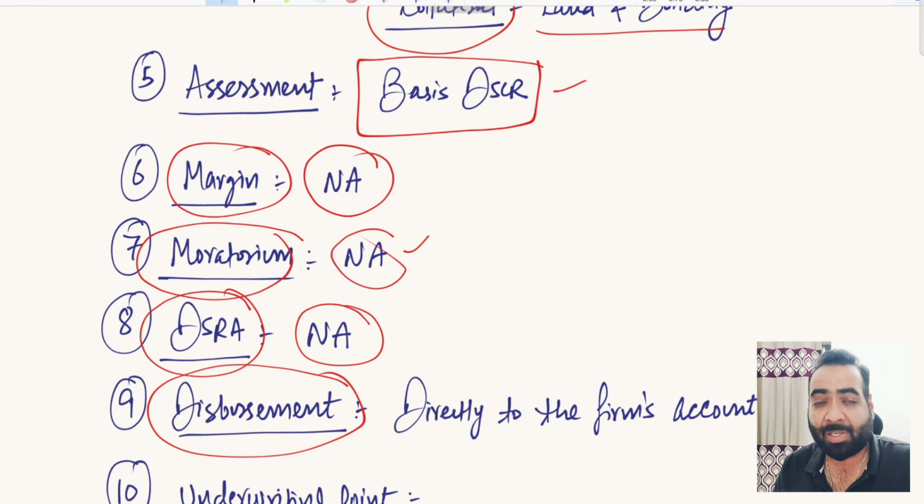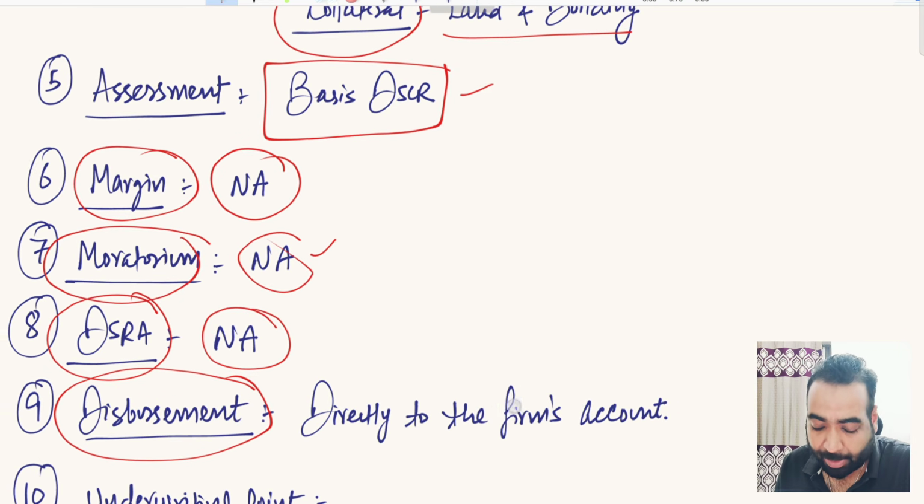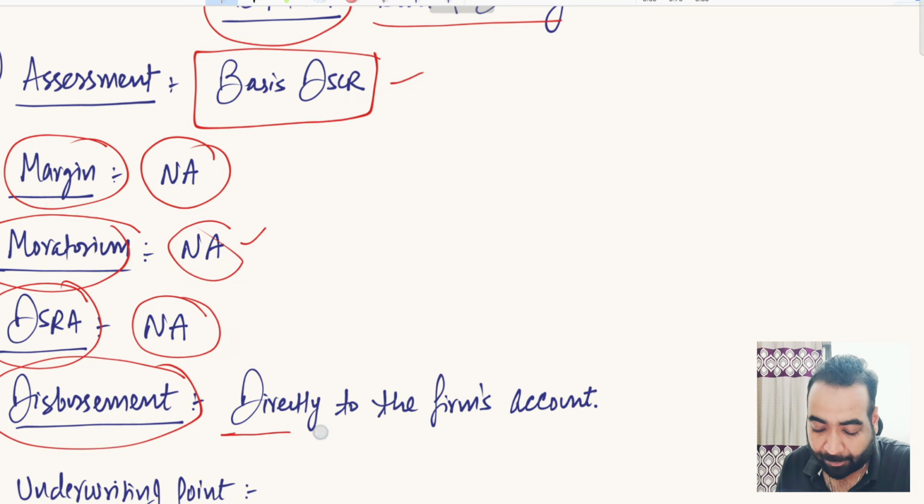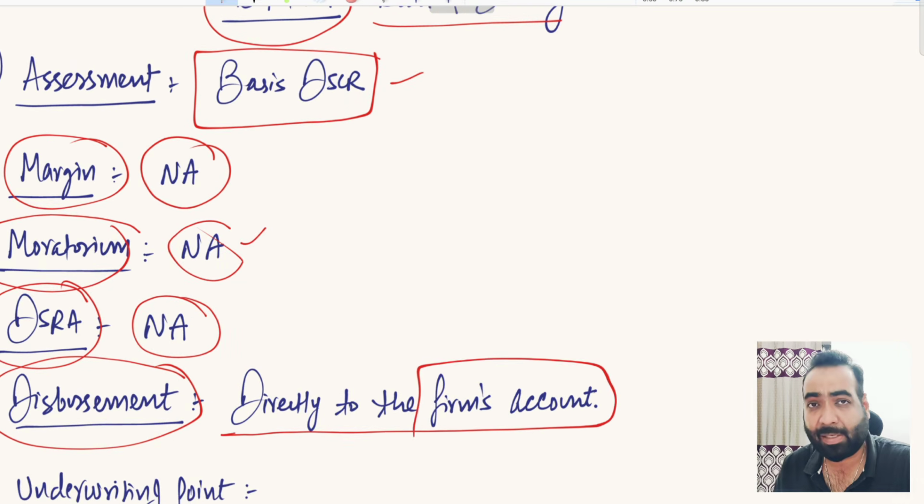So end use tracking was strict in those products, but in WCTL you cannot do that. You can only take the CA certificate confirmation, because it is given for your general day-to-day requirement. So the disbursement is directly given to the firm's account. It can be a CC account or a current account. There is no concept of reimbursement. There is no concept of direct payments to the vendors here.